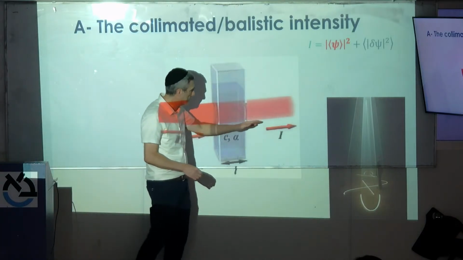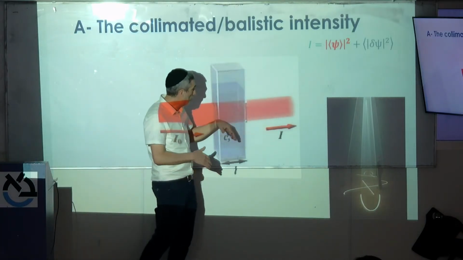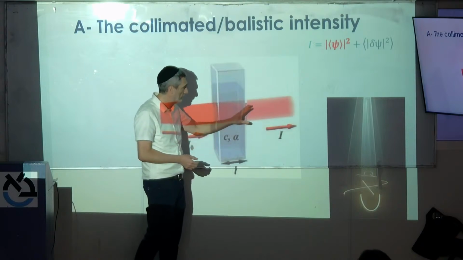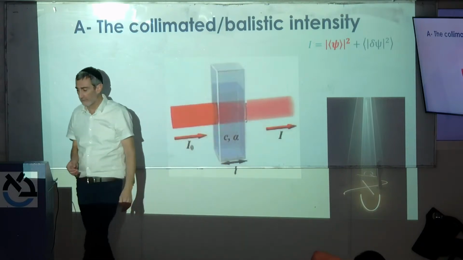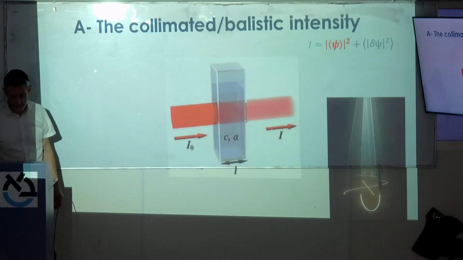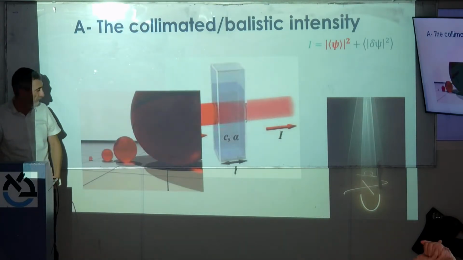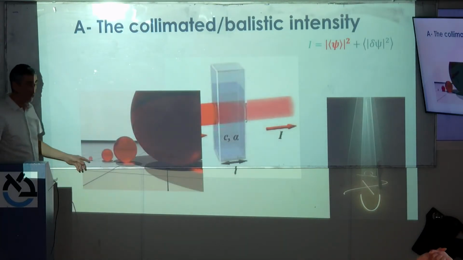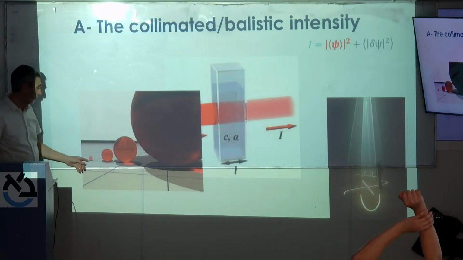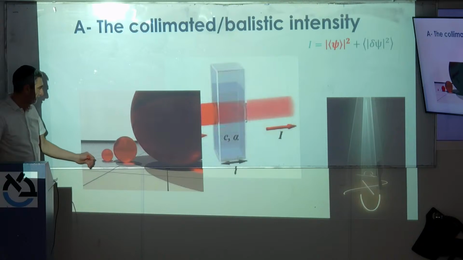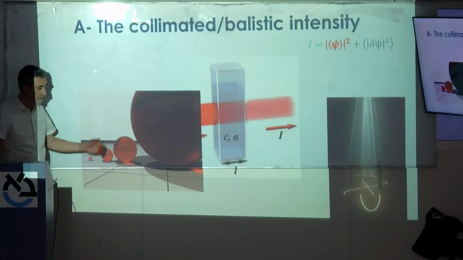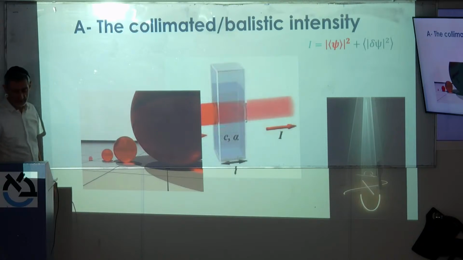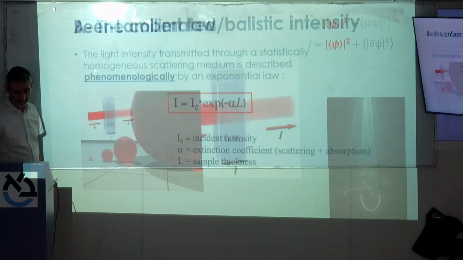The incident intensity is reduced: part of it will be lost by scattering, and part of it will be transmitted. That's the ballistic contribution, and that's what I want to calculate. Depending on the thickness of the medium, you rapidly lose the light which is ballistic.